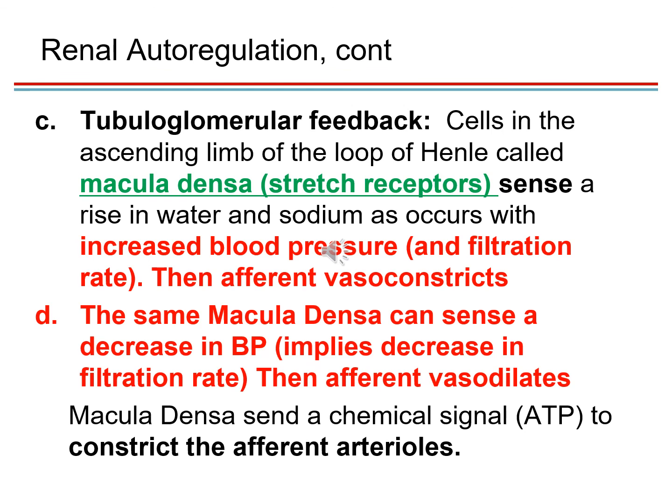This slide explains pretty much the same as the previous slide: the different scenarios in which the stretch receptors in the macula densa sense whether the blood pressure is normal, above normal, or below normal. According to that information, it communicates to the afferent arteriole what step to follow: vasoconstriction of the afferent arteriole to reduce the blood flow inside the glomerulus, or, if it is low blood pressure, vasodilation to increase the blood flow in that particular glomerulus.